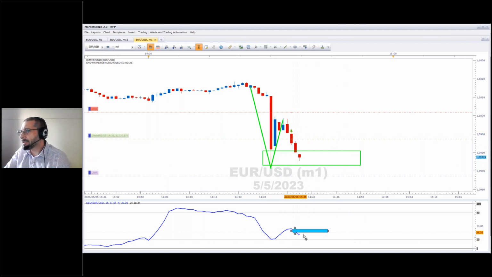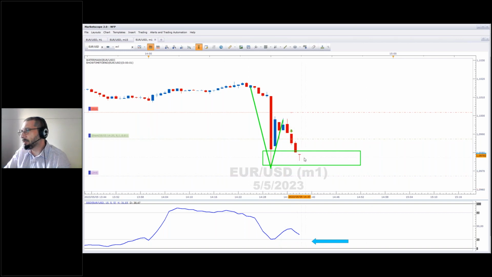Okay, I like what's happening with the stochastics. The stochastic is coming down to the lower quintile. Okay, we caught a little bit here in the support at the moment. Okay, 5 seconds, we'll get the next candle.